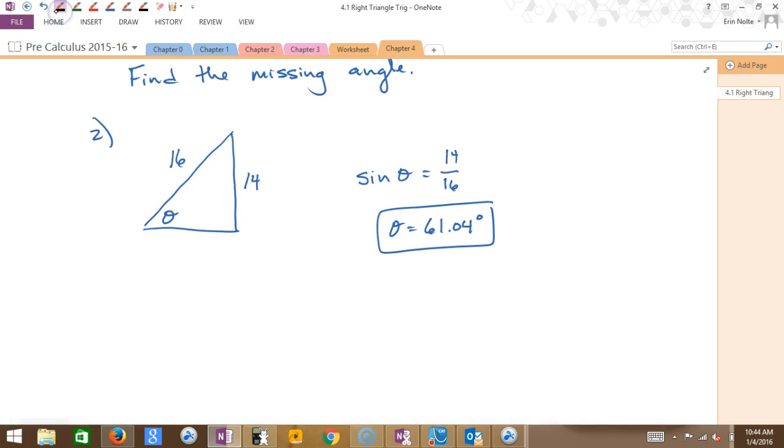Do I need to do any more examples of finding pieces of triangles? All right, so your assignment's on page 227, and let me double check this. I think that page number is wrong.